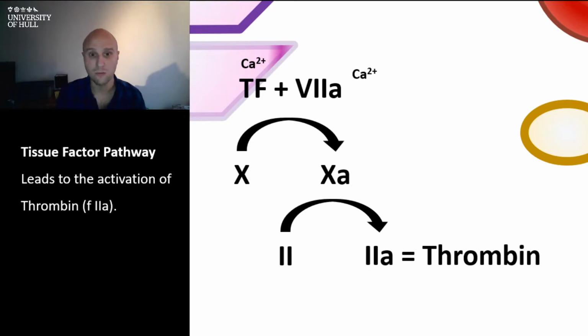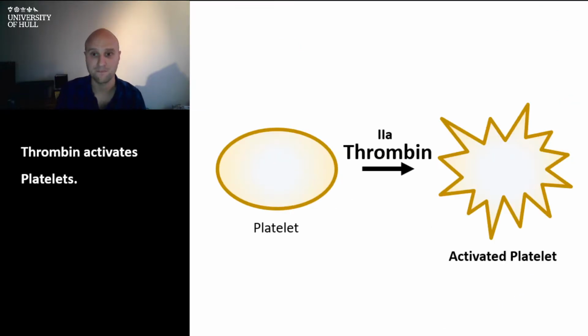Now you'll recall that from the last tutorial we talked about the tissue factor pathway. So when you've got a damaged blood vessel, it exposes this thing called tissue factor to other clotting factors, mainly factor 7, and this sets off a little cascade of a couple of clotting factors that gives us thrombin, which is an absolutely crucial clotting factor.